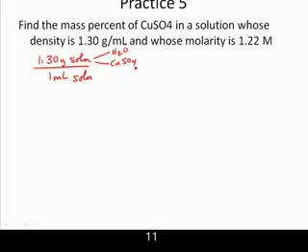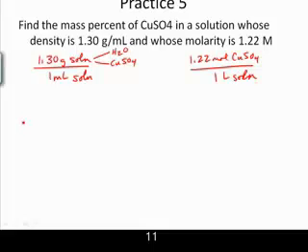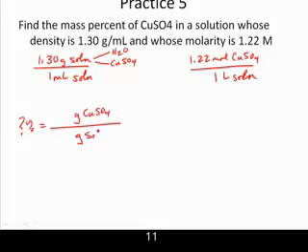And it says I have 1.22 moles copper sulfate in 1 liter of solution. That's my molarity. And I want a mass percent. So what I'm trying to find is grams of copper sulfate per grams of solution times 100.